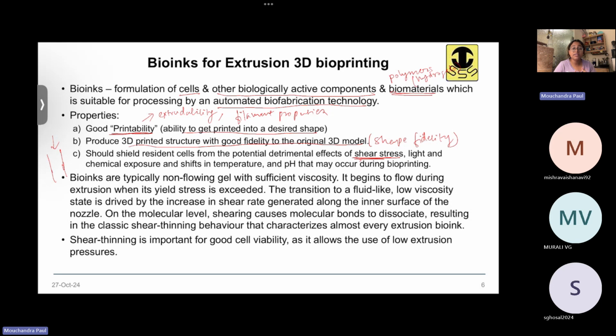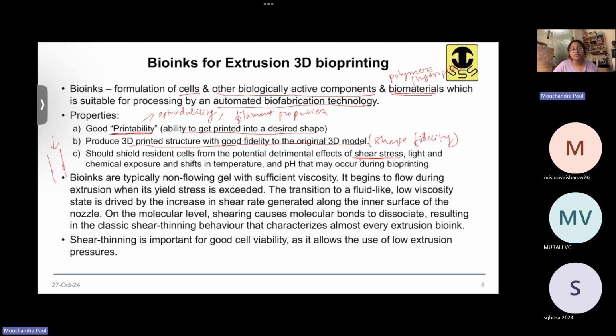That is why the cells will lyse. Directly, the pressure will not kill. Even if the piston is there, hardly a few cells are in contact with the piston in the 3D volume. Most of the cells are near the walls of the cartridge. Because of that, they will face some shear forces and they will die. So how good is our bioink in shielding that effect of shear stress?